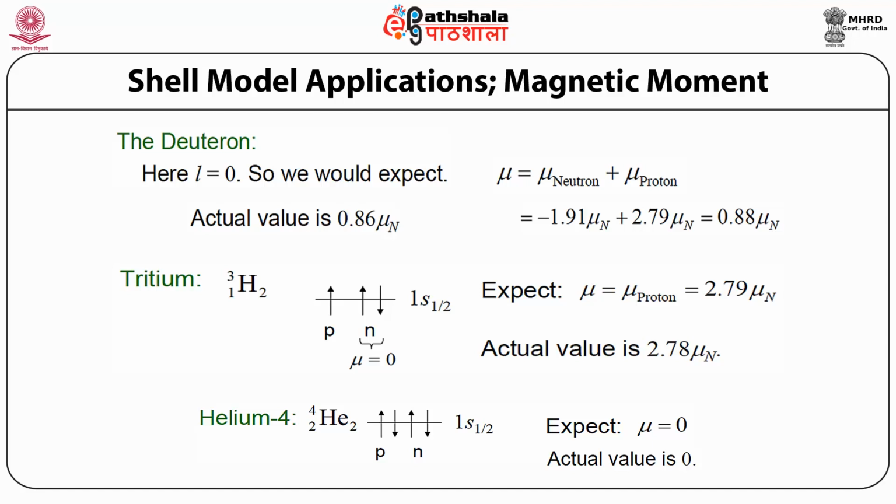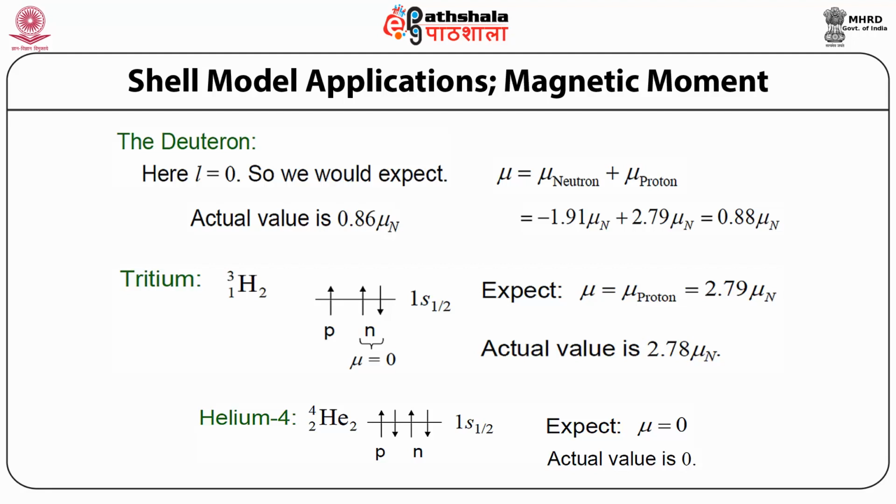Since the two neutrons will be paired up, there is no contribution of them, but only the contribution of proton will be there. So, expected value of mu is equal to mu proton, that is 2.79 mu n, and the experimentally observed value is 2.78 mu n. So, again it is a very nice agreement between the shell model calculated value and the experimental value.